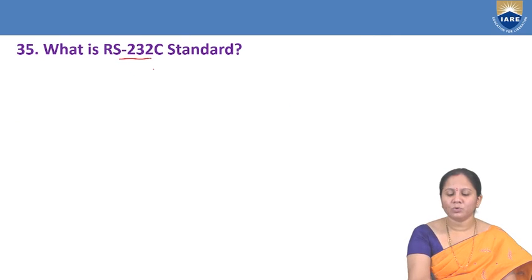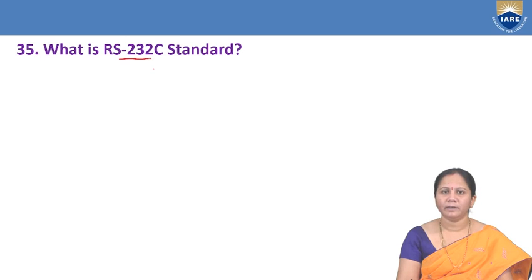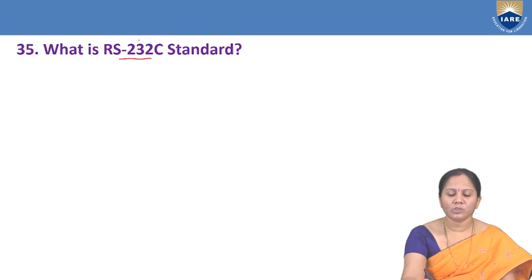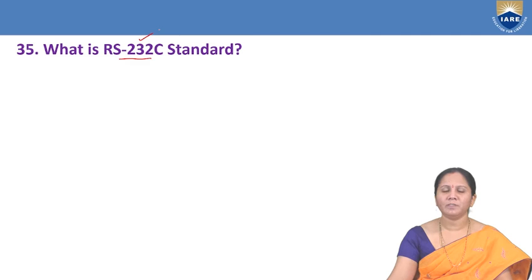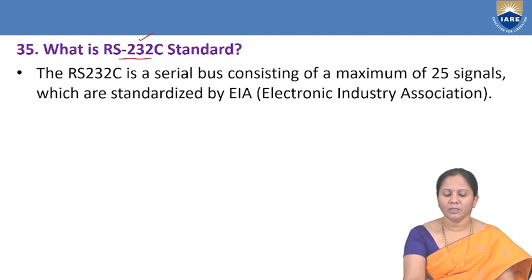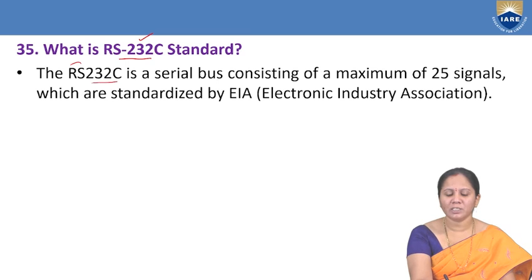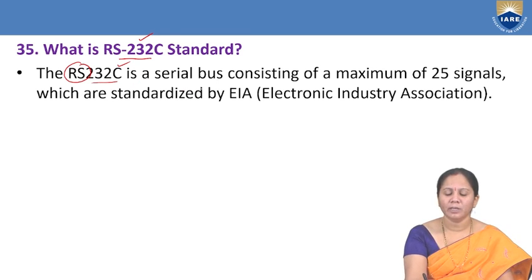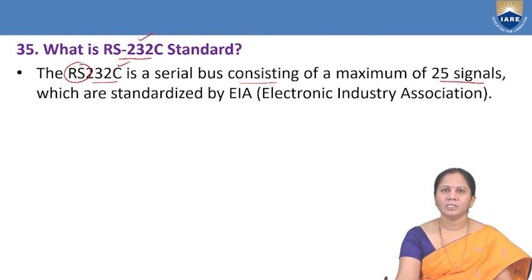Next, what is the RS-232C standard? This RS-232C is a cable which is used for serial communication. RS stands for recommended standard and here C is the version. It is a serial bus consisting of a maximum of 25 signals.